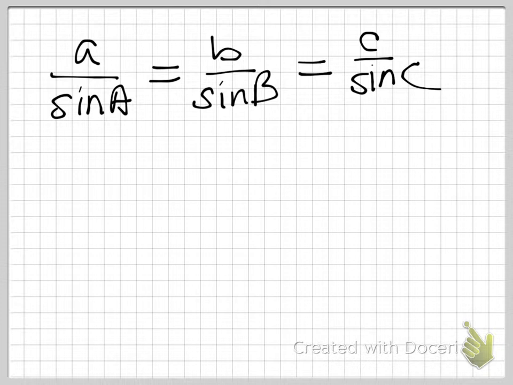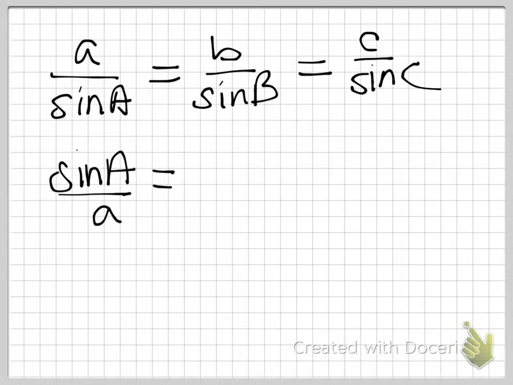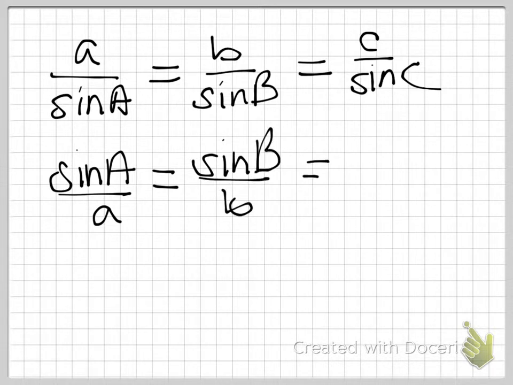So I'm just going to write there all their reciprocals. So that means that sine of A over a equals sine of B over b, which equals sine of C over c.